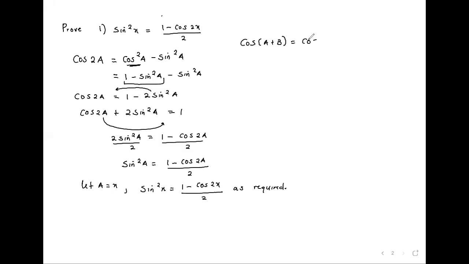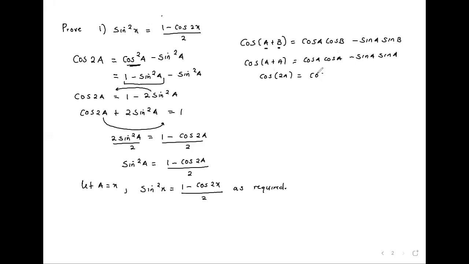We say that it's the same as cos A cos B minus sine A sine B. So if these are equal, you have cos(A plus A), then you have cos A cos A minus sine A sine A. So A plus A is 2A.